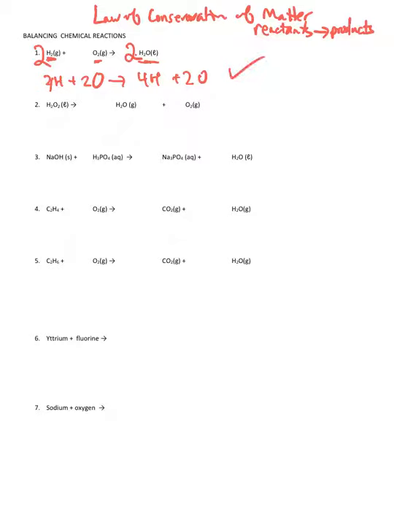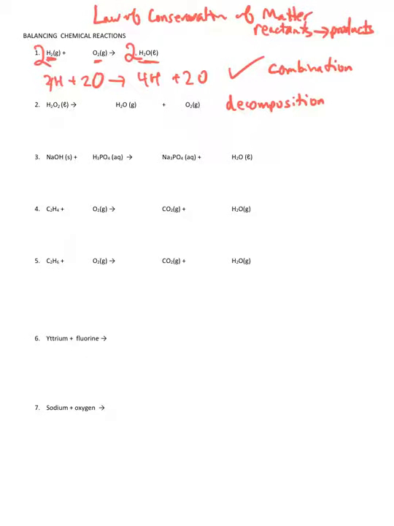This is an example of a reaction where we're taking 2 molecules, combining them to make a third new molecule, so that we could call this a combination reaction. Whereas in number 2, we're taking a single molecule, H2O2, which is hydrogen peroxide, and breaking it apart into 2 different molecules. So this is a decomposition reaction.